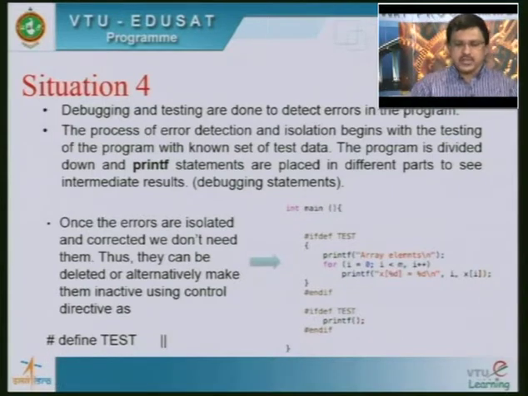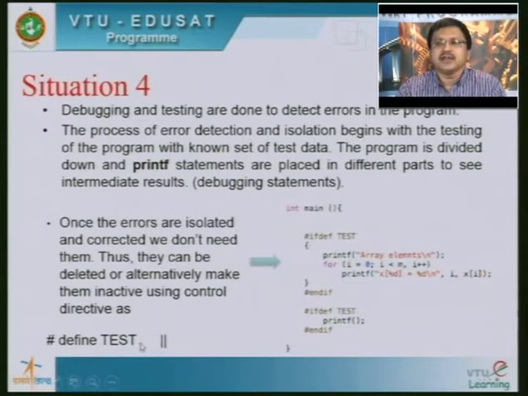The fourth one is, typically what we do is we say something like define test. Everywhere I want to use a printf statement for debugging purposes, I use this hash ifdef test. Some people do ifdef, but that takes out the execution time when you actually compile. So, you do this if defined test, these print statements are executed.